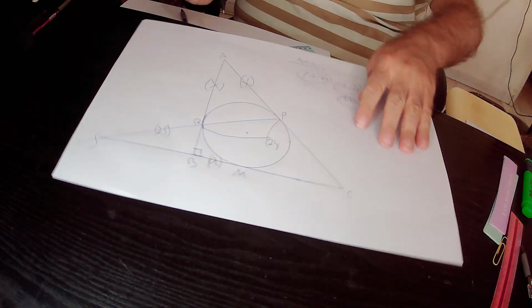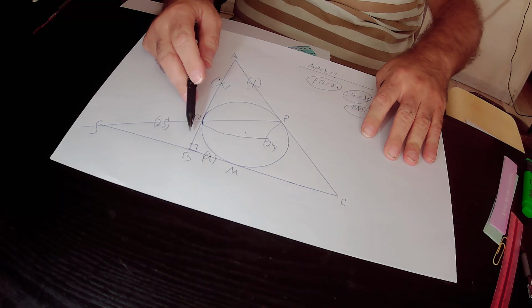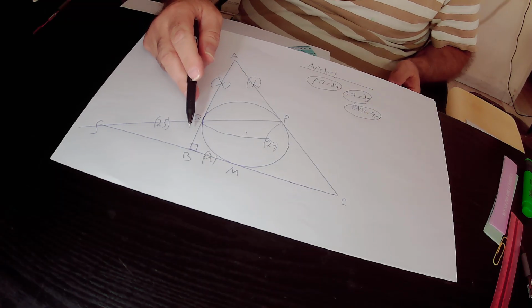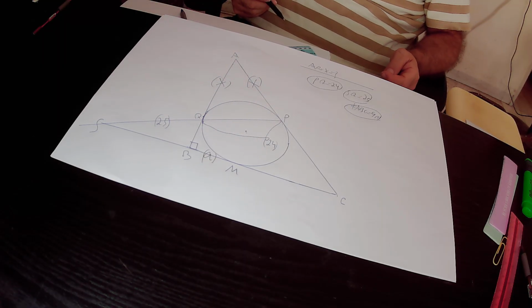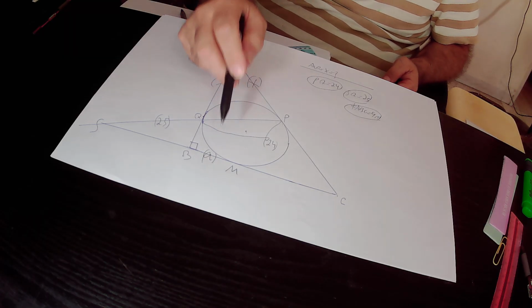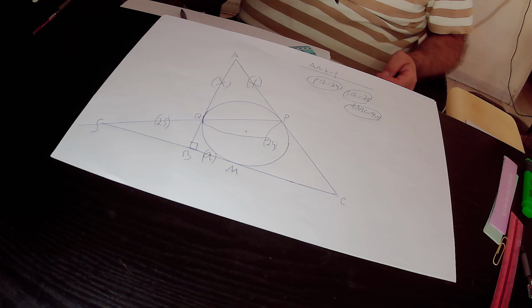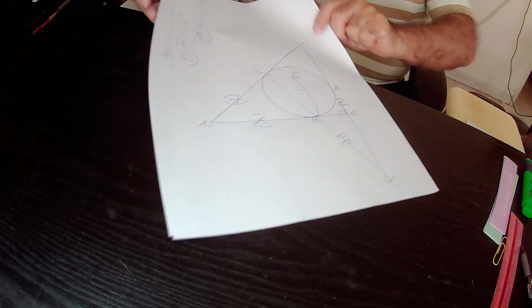And we focus on this common external point B. From this common external point B, we have two tangents to this circle, tangent BM and tangent BQ. According to rule 2, they are equal to each other. That is to say, BM equals BQ. But BM equals a, therefore BQ must also be equal to a, according to rule 2.